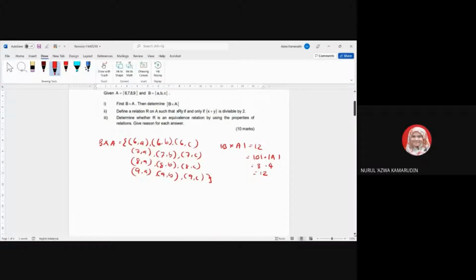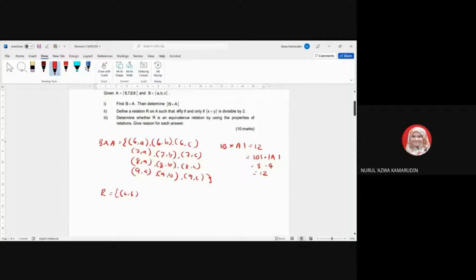Okay, cari relation R yang follows the above rules. Jadi kat sini x and y, x plus y is divisible by 2. Jadi R kita hanyalah only selected values from A. Jadinya you kena ambil x, y, hasil tambah dia mesti boleh dibagi 2.